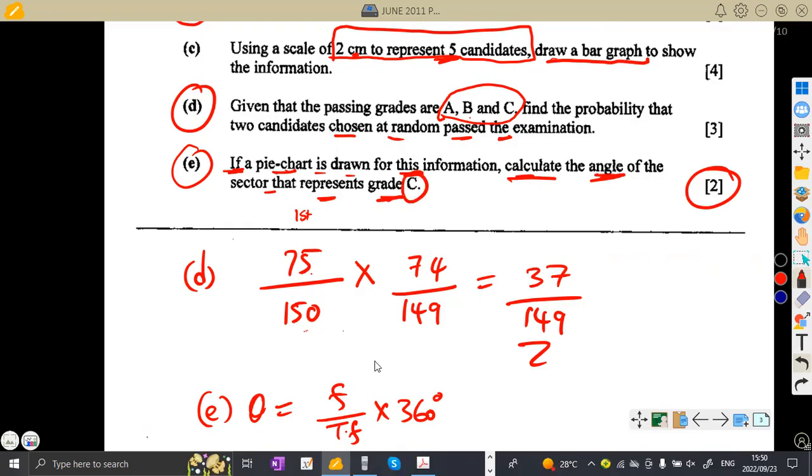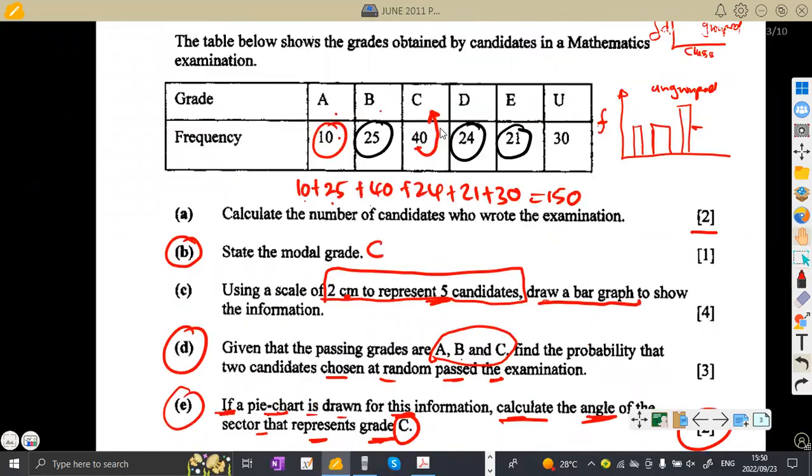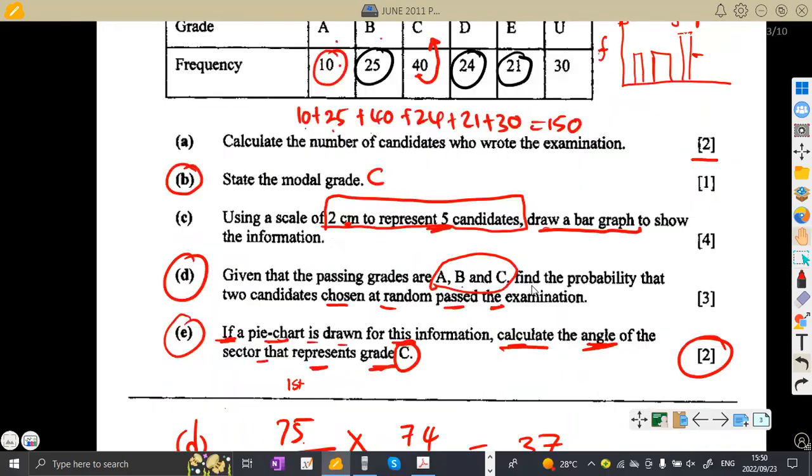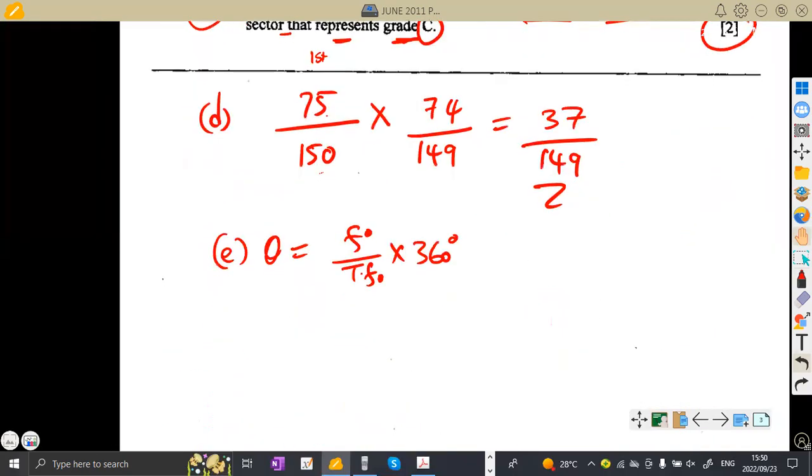So grade C is the frequency that you're talking about, and the total frequency is the number of candidates who are there. So what is the frequency for grade C? How many grade C do we have? There are 40 of them. So it's going to be 40 representing grade C. So it's 40 over the total frequency, which we said is 150 total candidates, times 360 degrees.